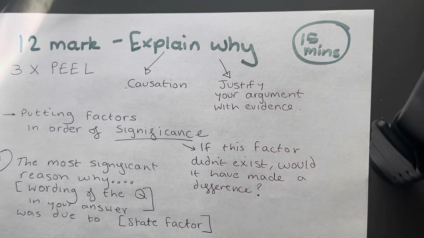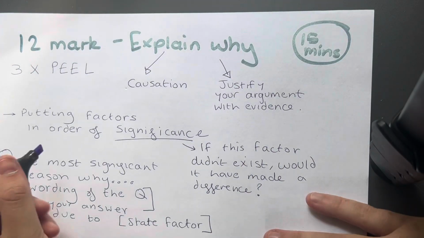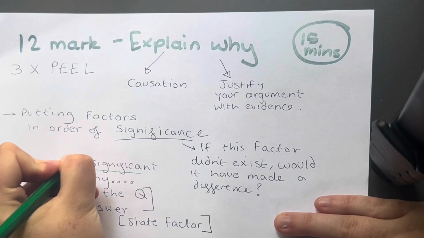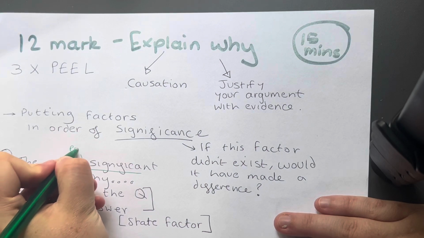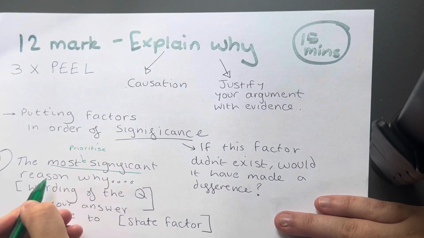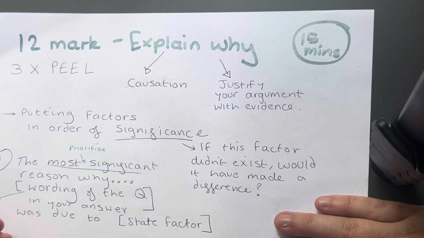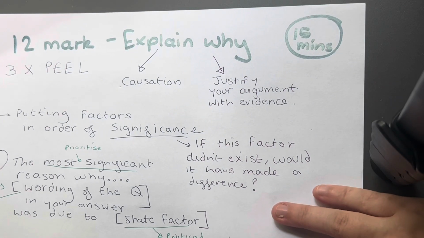Okay, the reason why you do it like this is because, one, what you're showing the examiner already is that you can prioritise the most important factor. Using the wording of your question in your answer provides clarity. And then stating a factor, so for example, political, economic, etc., okay, gives you space for you to use your evidence properly.